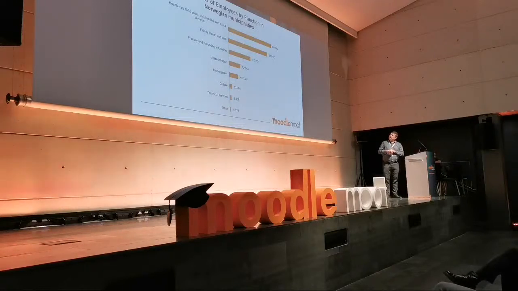Then we have elderly care, 230,000 employees. Primary and secondary education, which means grades 1 through 13, about 123,000. Management, 62,000. Kindergarten, 50,000. Culture, 13,000. Technical services, about 10,000. And some other services as well.